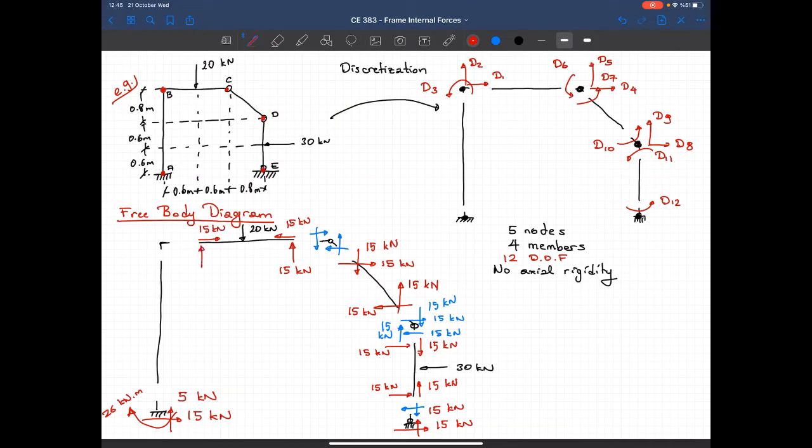The vertical reaction should be equal to 5 kilonewton. And I know that moment is equal to 0. I'm taking moment with respect to that point. I have moment due to 20 times 0.6 minus 15 times 1.2. So in order to balance that moment, I should have another moment here whose magnitude is 6 kilonewton meters.